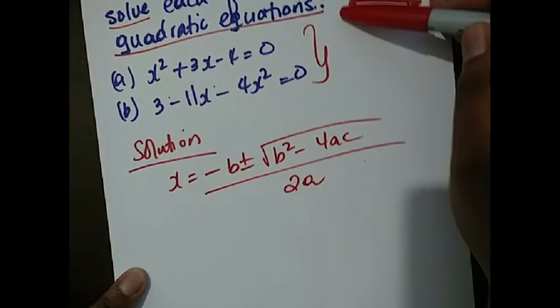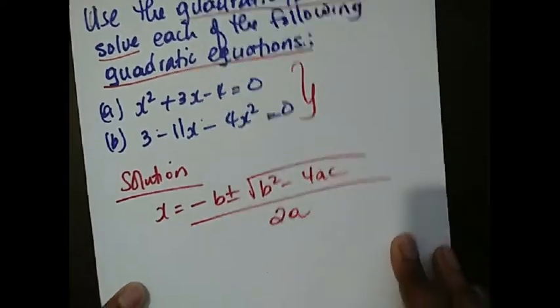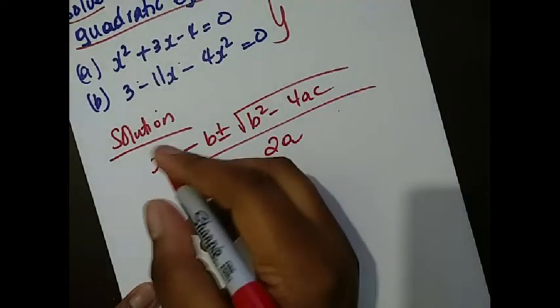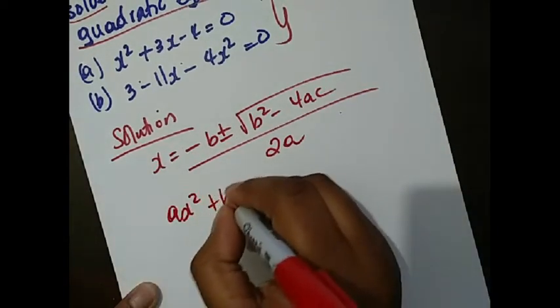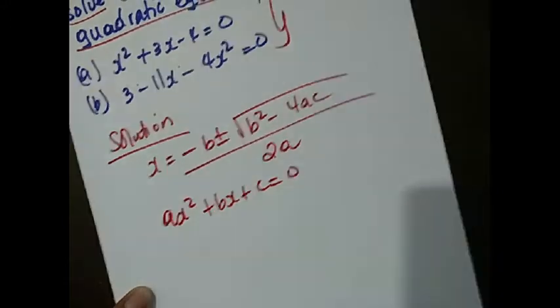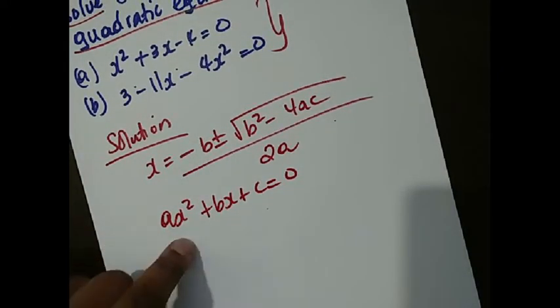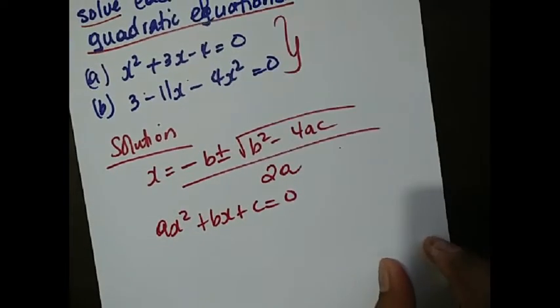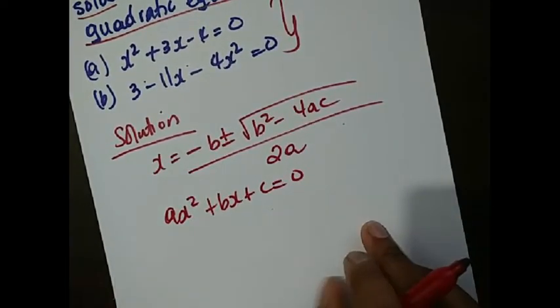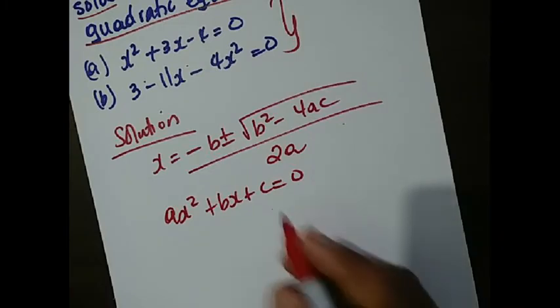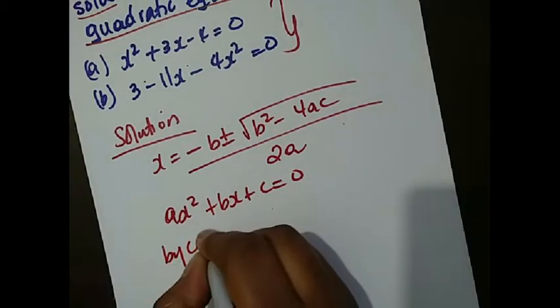And since we're dealing with quadratic equations, all quadratic equations take the form of ax squared plus bx plus c is equal to 0. Now, how do we find the values of a, b, and c? We find them by using a comparison method.